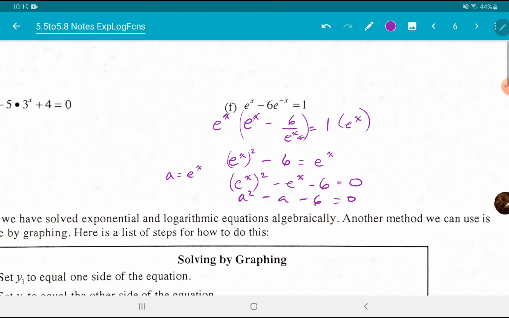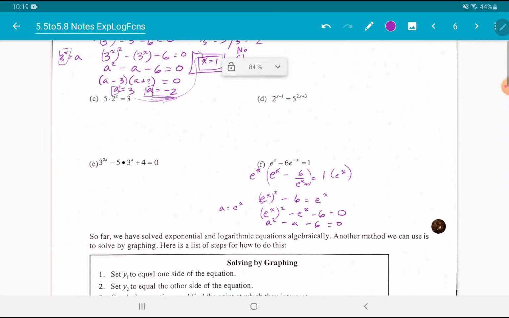Wait a minute, this is sounding very familiar. Didn't we just do that? We did. So this is the same thing as a minus 3 times a plus 2 equals 0. You know what? I'll let you handle the rest of this.